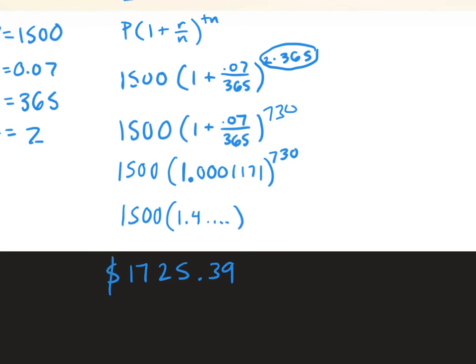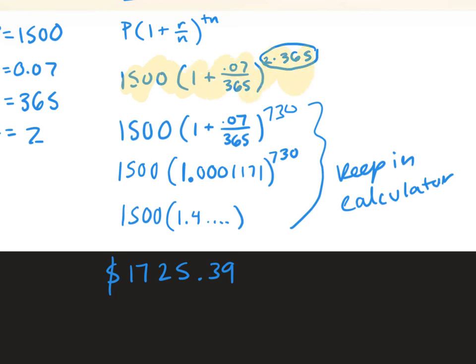So since we're dealing with money, just round it to 2 decimal places. But make sure when you're working all of this out, keep it in your calculator. Some people are able to put this whole step in the calculator and solve it in one shot, which would be really nice.